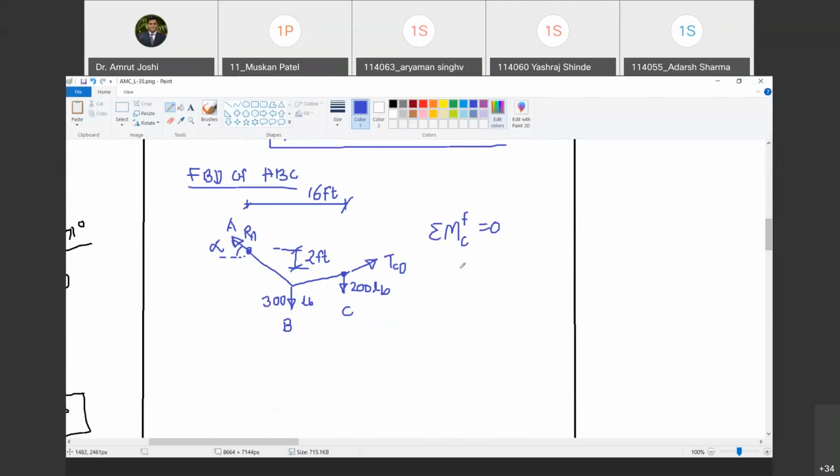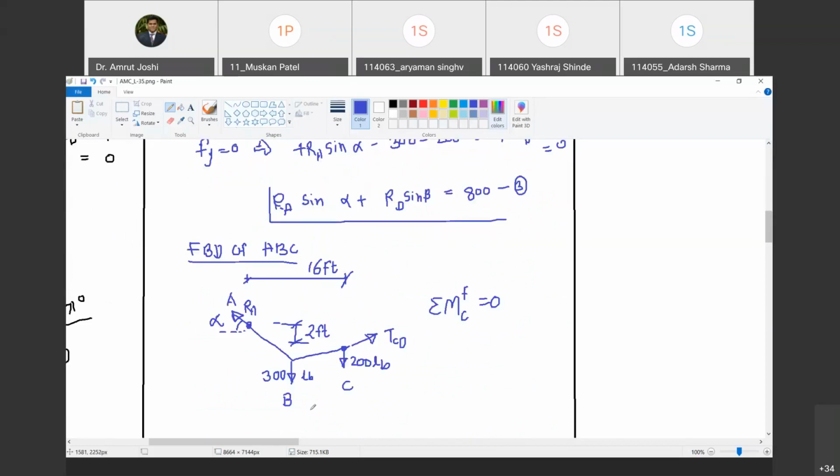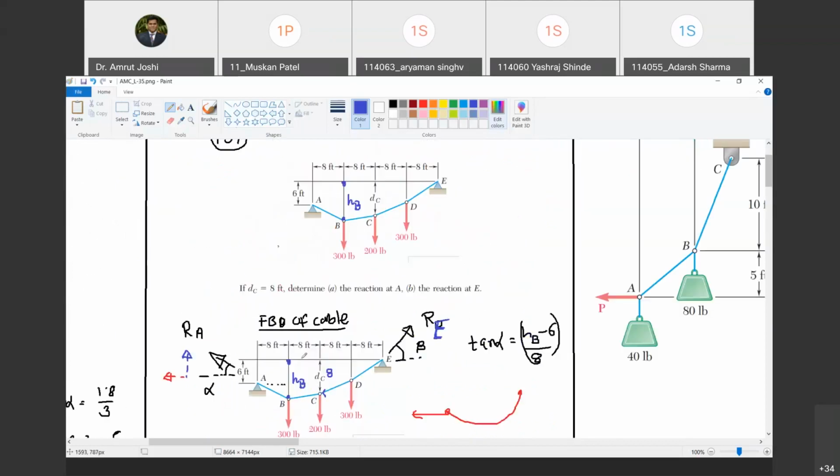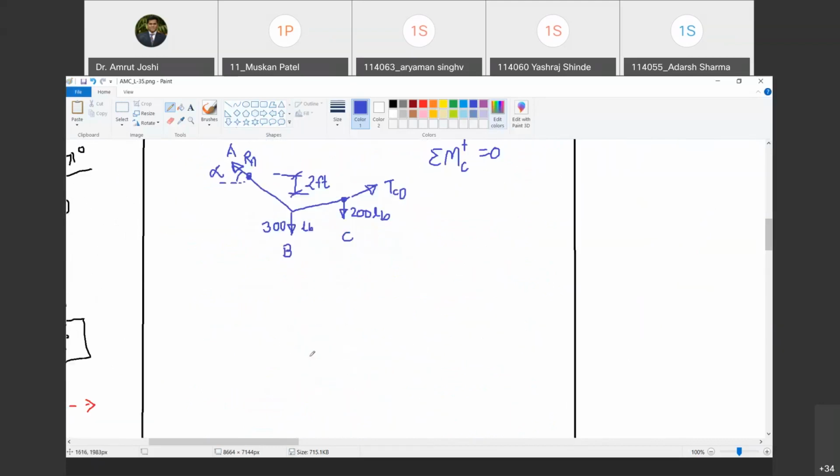Yes, sir. Okay, so apply this equation systematically now. What is the distance between B and C? The horizontal distance between B and C is 8 feet. Are you with me? Yes, sir. What is the moment of this 300 pound about C? It is 300 multiplied by 8.